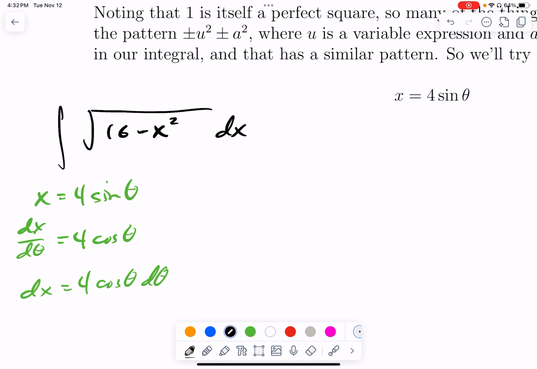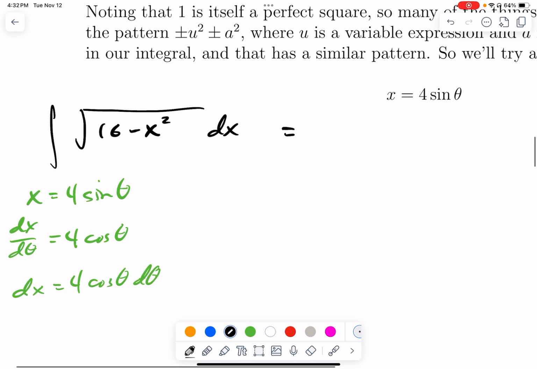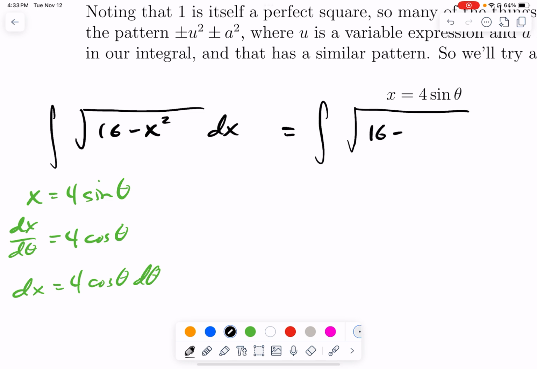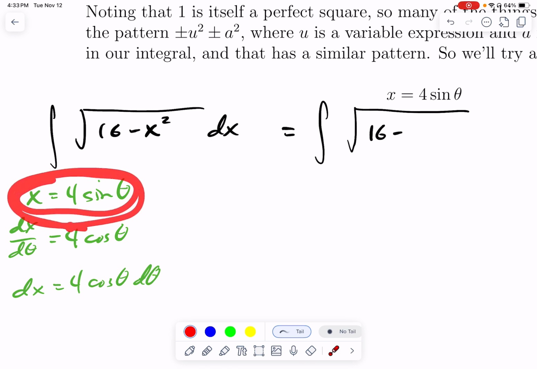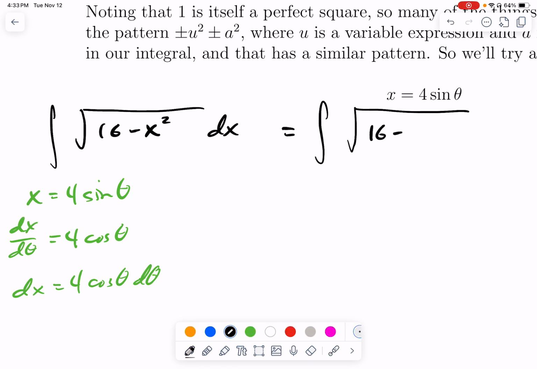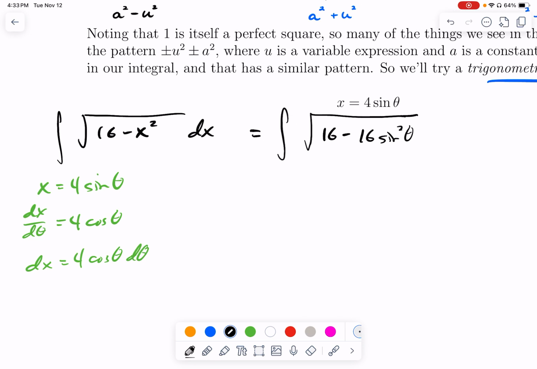So with that in mind, let me substitute. I have the integral of the square root of 16 minus, well, x squared would now be 16 times sine squared theta, and dx is now 4 cosine theta d theta.